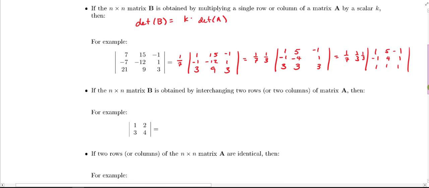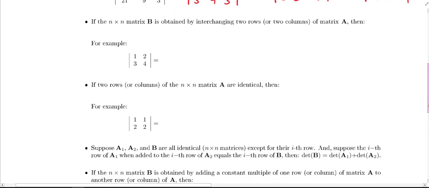So the next property is about interchanging rows and columns of the original matrix A and noticing the effect that that will have on the determinant of that new matrix. So it turns out that for this problem here, we have that A is 1, 2, 3, 4.